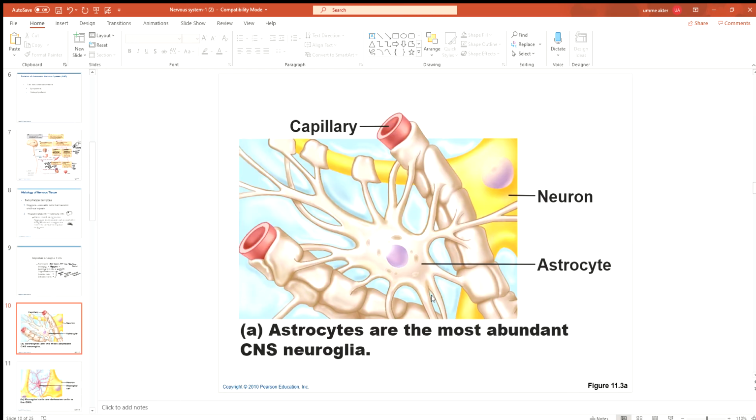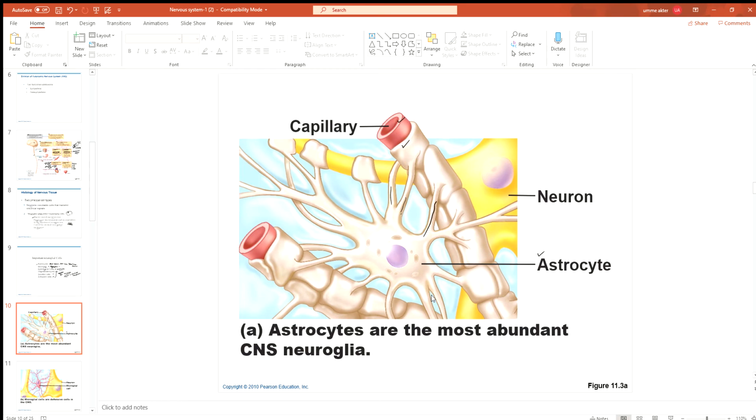You see here, the astrocyte looks like a star, and how do they form the blood-brain barrier? You see, this is a capillary inside the brain, and around the capillaries of your brain, an extra layer is formed by the processes that arise from the astrocytes.